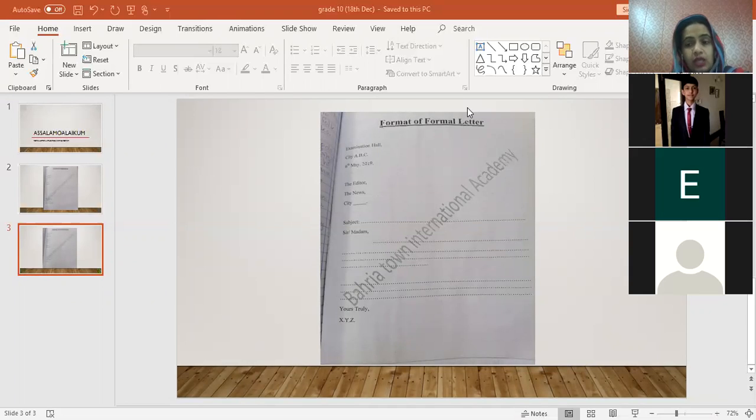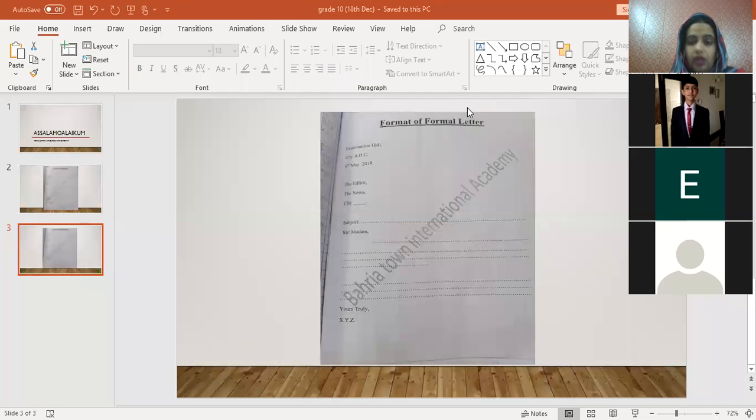I have noticed that the number of street crimes has increased in our area, so I request you to create awareness among the people for protecting themselves from these people. This is how you are going to start. You are not writing that I am this and I am writing this application for this purpose. For every application, you have a different starting.